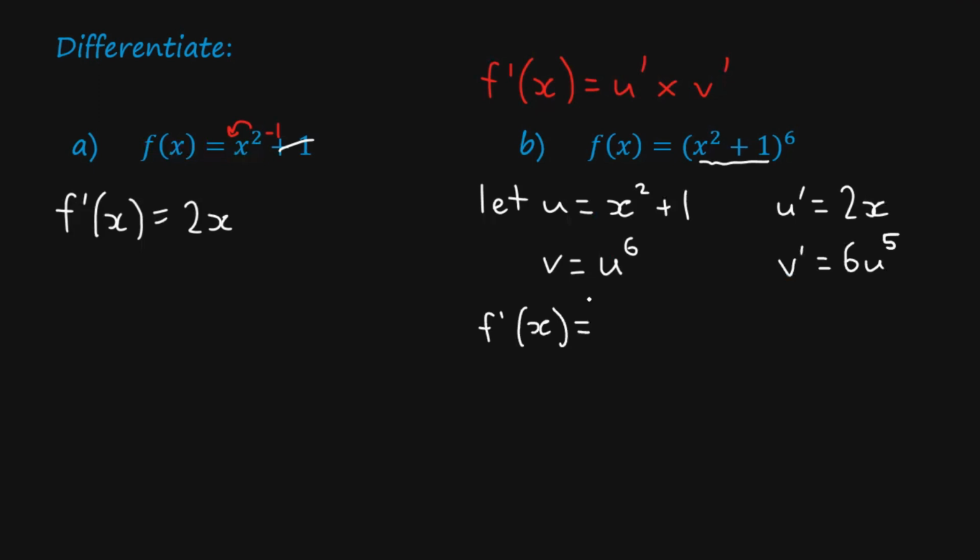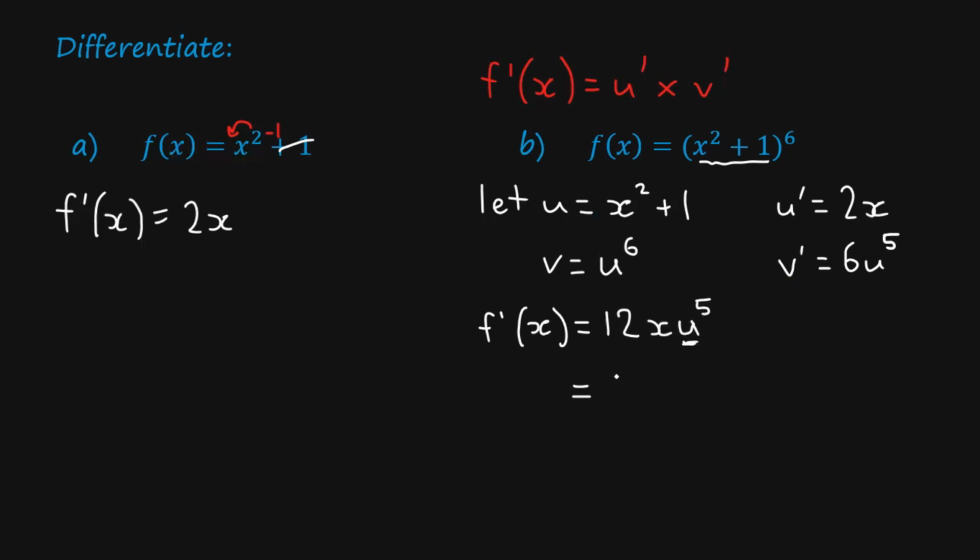So it's going to be 2 times 6, which is 12, and then we've got that x there, so I need to keep that, and then we've got u to the power of 5. That's pretty close, we're pretty much there. We just need to do one thing. You might see that we've got an x and a u in our answer. That's not ideal because we shouldn't really have this u, because we introduced that.